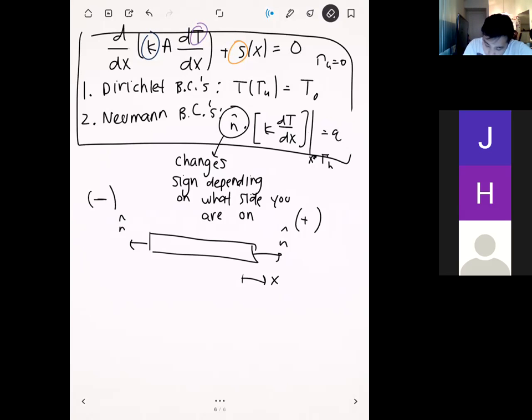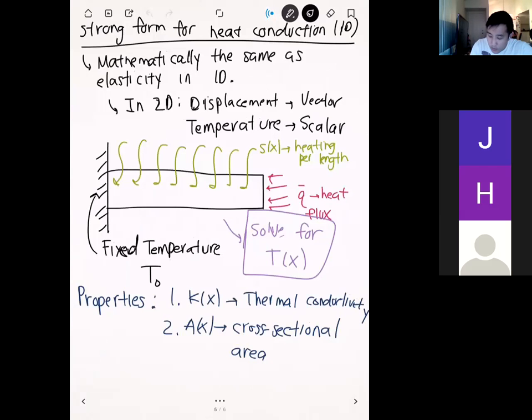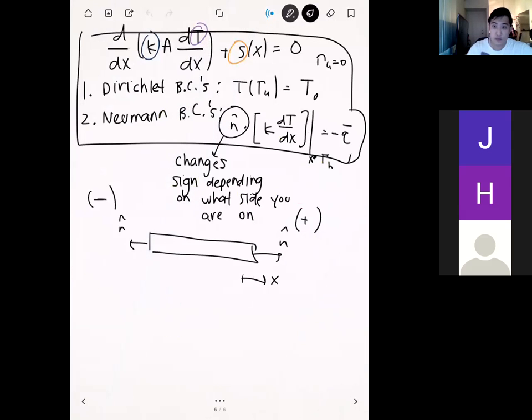It should be minus Q. And so that Q bar, that's our heat flux that's on the right. So that corresponds to what I have in red right here. Yeah, so it's just our Neumann boundary conditions. All right, any questions on this?